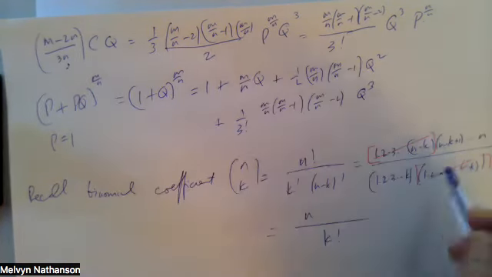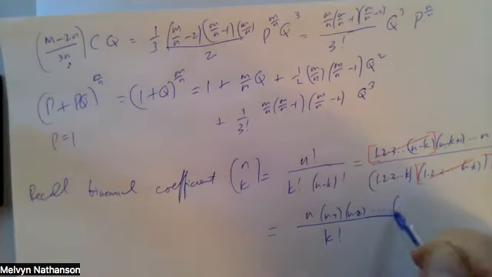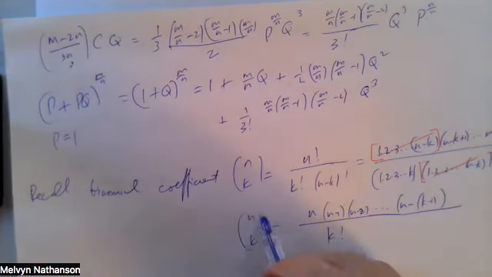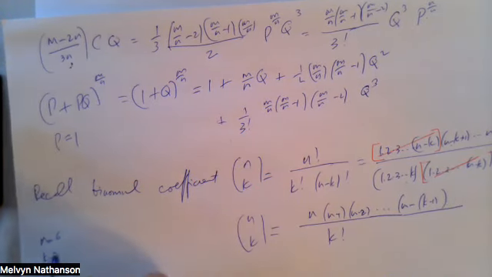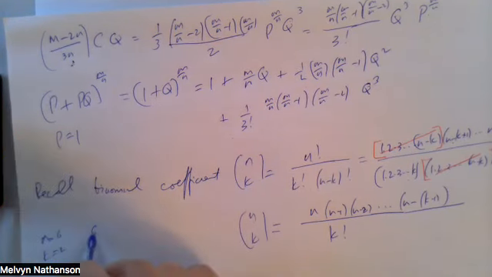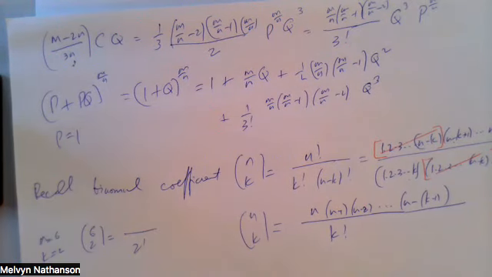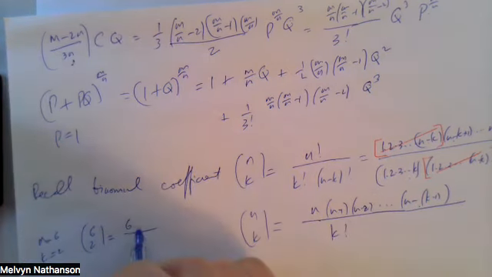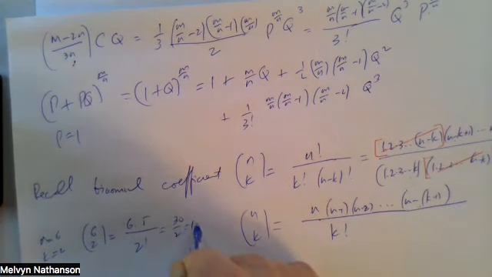This is n, n minus 1, n minus 2, down to n minus (k minus 1). So for example, if n is 6 and k is 2, 6 choose 2, that binomial coefficient is 6 times 5 over 2 factorial. So we get 15 right away.